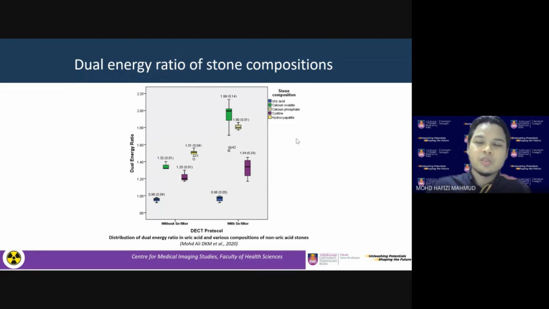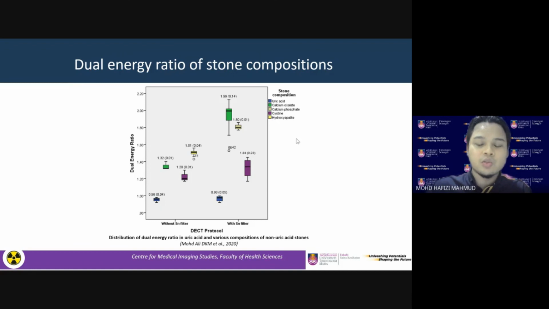The calcium oxalate, calcium phosphate, cysteine, and hydroxyapatite are non-uric acid, which shows that thin filtration is very useful to characterize and differentiate non-uric acid stones.